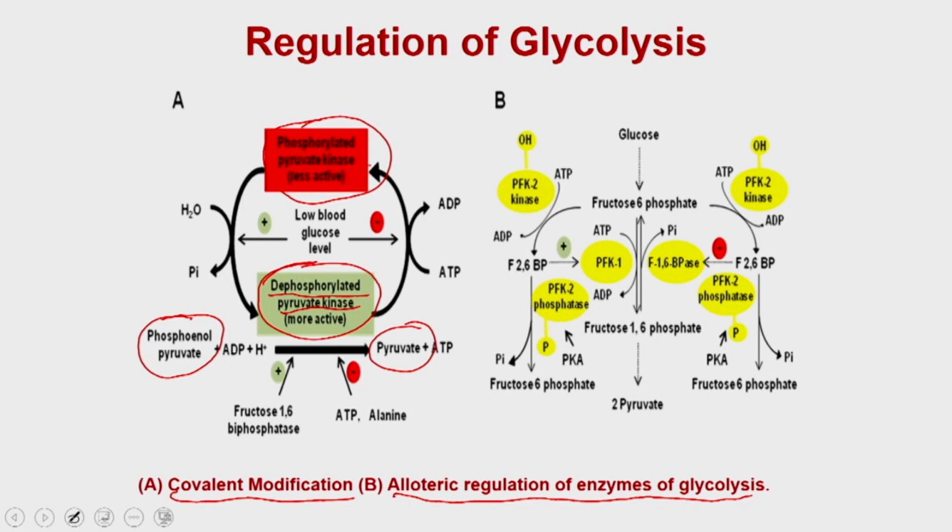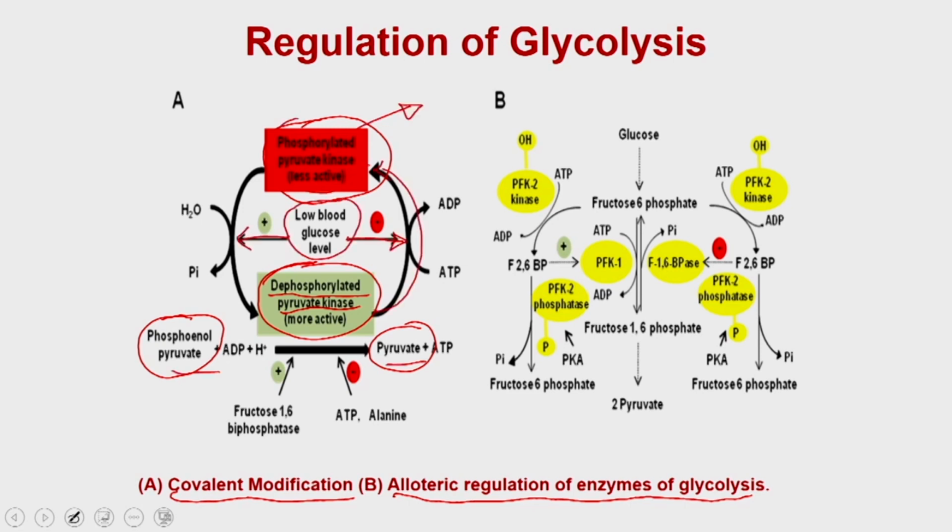But when the blood glucose goes up, the phosphorylated pyruvate kinase is converted back to dephosphorylated pyruvate kinase, which is more active and catalyzes an enhanced level of conversion of phosphoenol pyruvate to pyruvate.